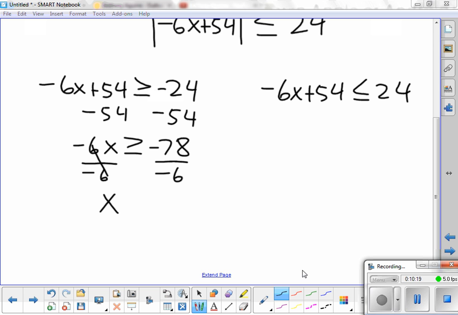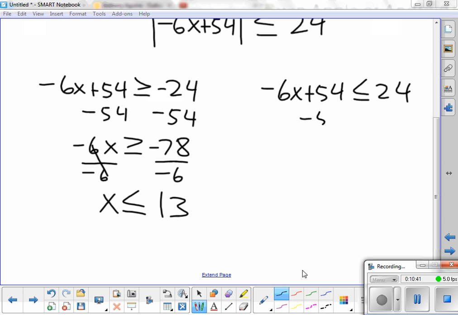The 6's are gone. X. Now remember, when you divide by a negative, you have to flip the sign over. So 78 divided by 6 is 13. 6 times 3 is 18. Yep. X is less than or equal to 13.